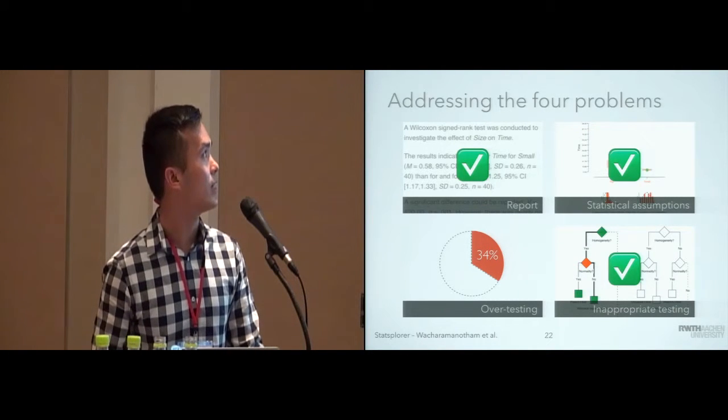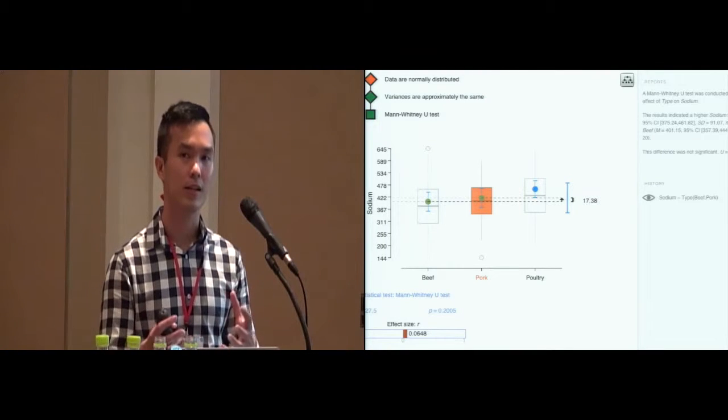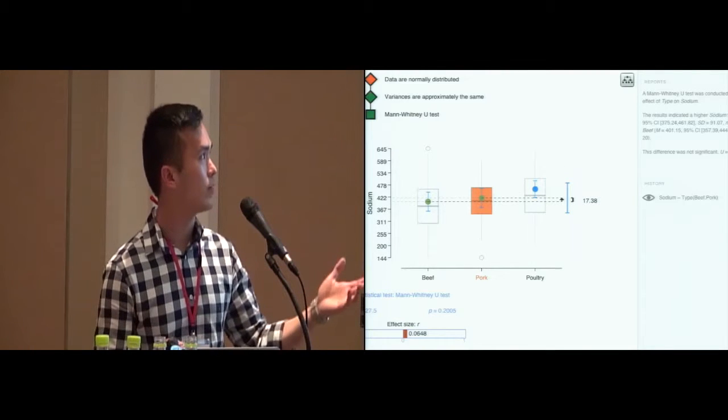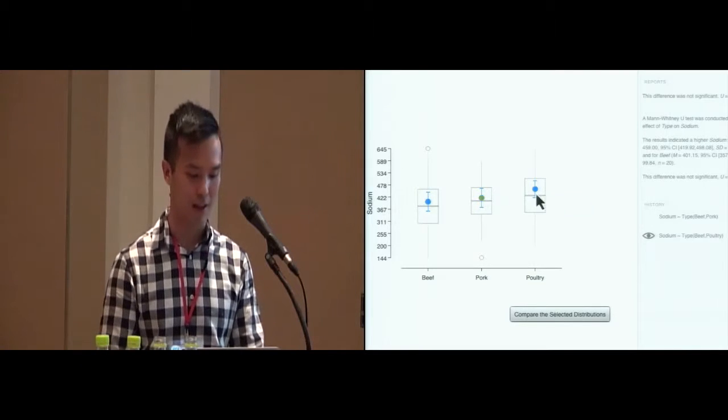The user can click on the statistical assumption, and we provide basic diagnostic plots such that the user can know that, okay, according to this histogram, pork seems to be not normally distributed, maybe because of the outlier that we've seen there.